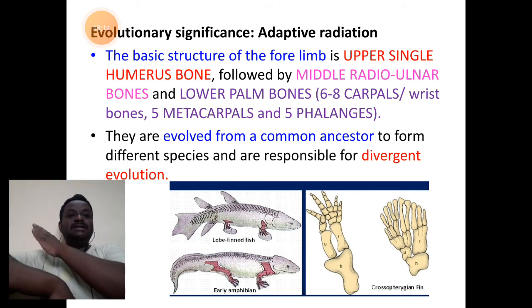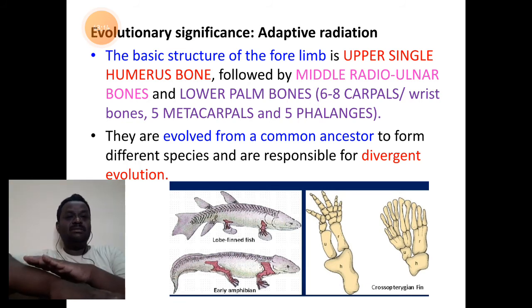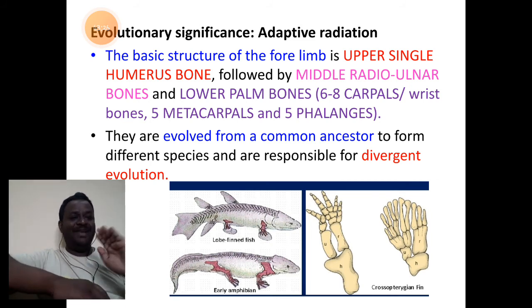The arrangement is a single bone of humerus, radio-ulnar bones in the lower arm, and the palm bones contain 6 to 8 carpals, 5 metacarpals, 5 phalanges. Why I am specifying this number is, this number slowly varies, especially in the hand, that is the wrist and the palm region.